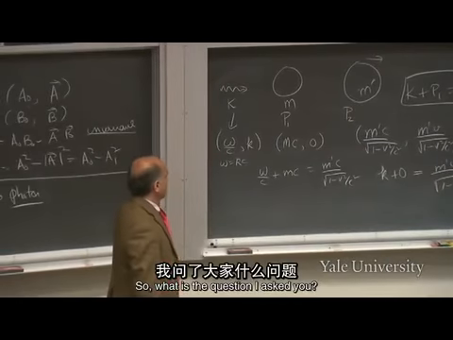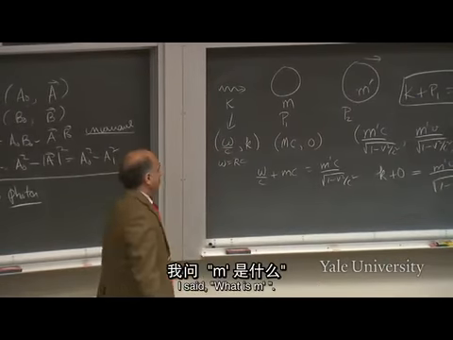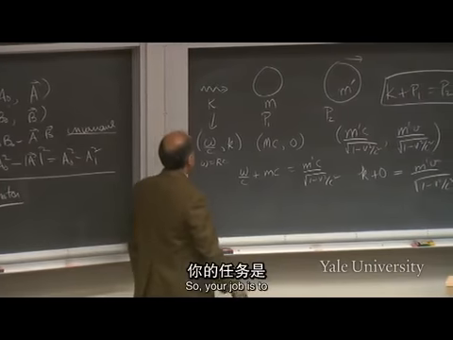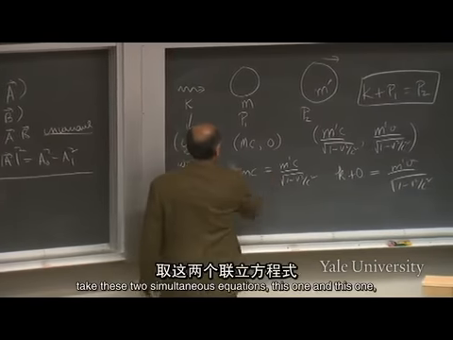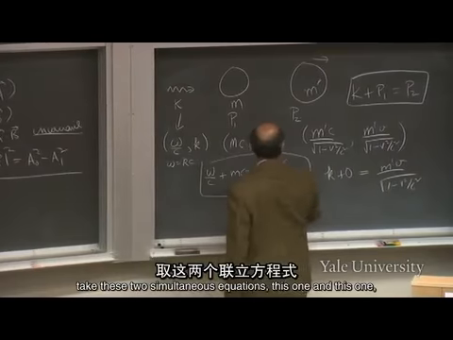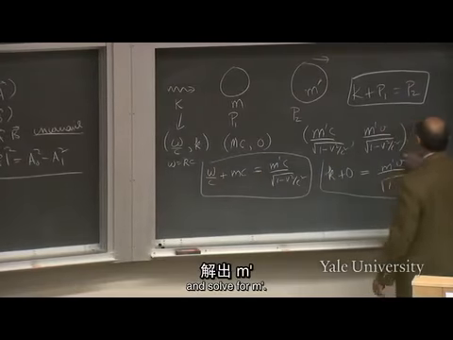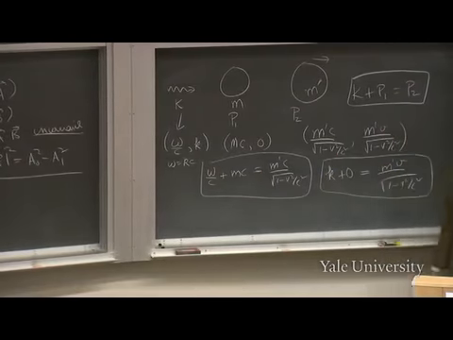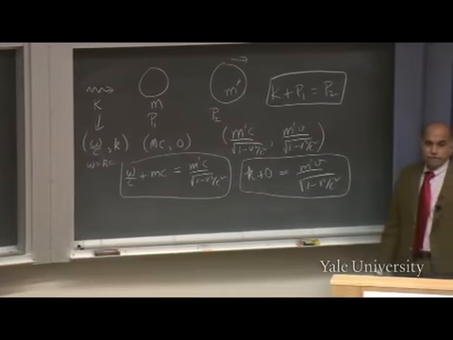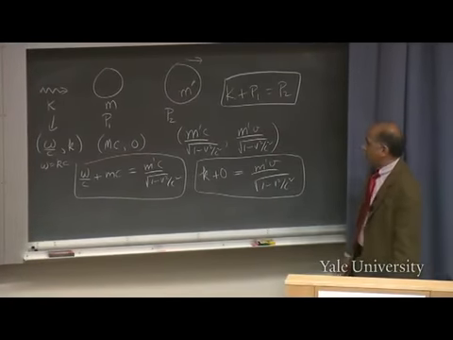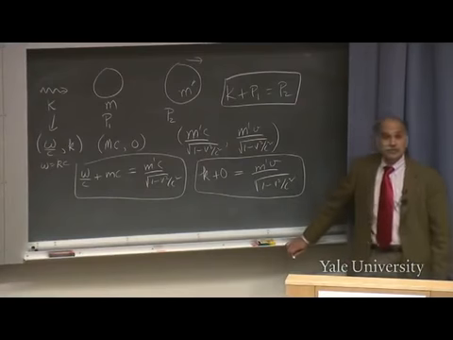So what is the question I asked you? I said, what is m prime? So your job is to take these two simultaneous equations, this one and this one, and solve for m prime. So what should I do?